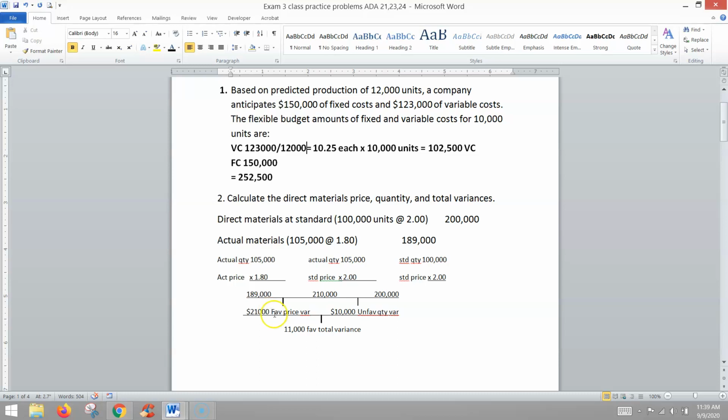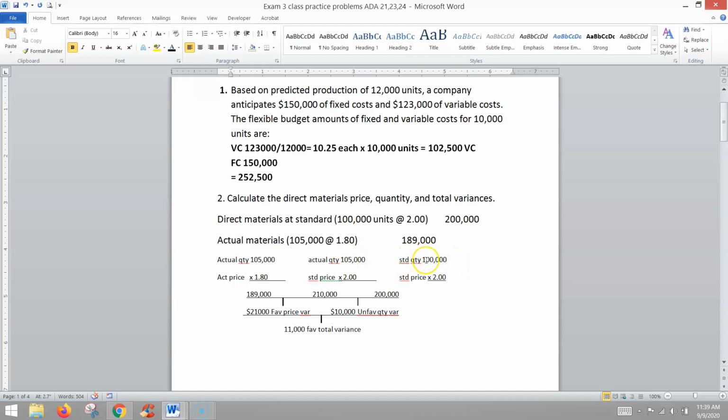To calculate the quantity variance, we're going to have actual quantity times standard price, and we're going to compare that to the standard quantity times the standard price. So in this calculation, you'll see the price is remaining constant, but we're looking at the effect of using different quantities. You can look at the actual quantity of 105,000 and standard is 100,000.